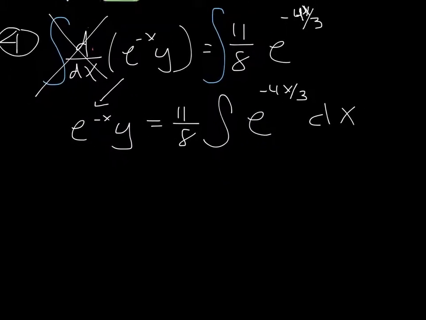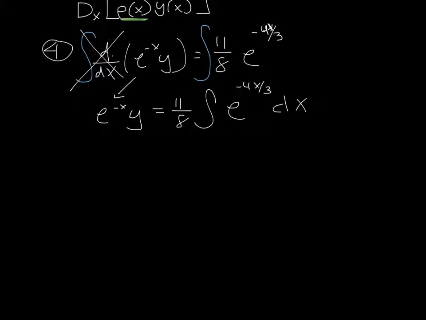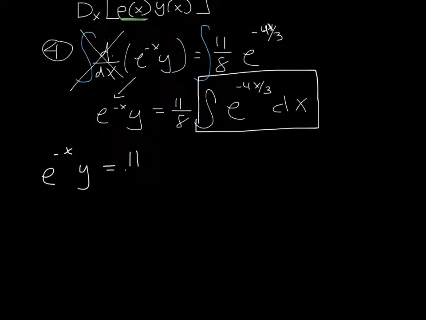Okay, so let's continue, make this a little bit smaller. We still have e to the negative x times y hanging out on the left-hand side. So we want to integrate this. The 11/8 again is just my constant outside. And I want you to recall, let's choose yellow, this looks like e to the kx.